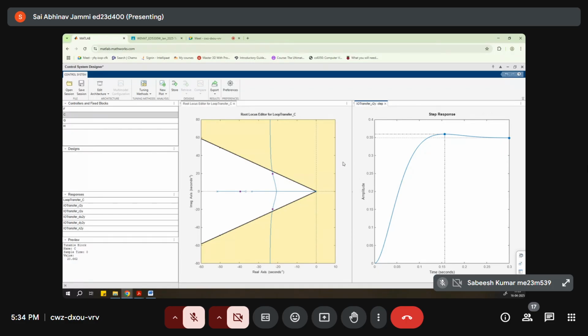So now we'll go to the design of the PI controller, right? For the PI controller, what is the structure once we put the integral as well? So we have Kp plus Ki by S. So that when we simplify, we'll get Kp times (S plus Ki by Kp) by S. I'll just write it down.